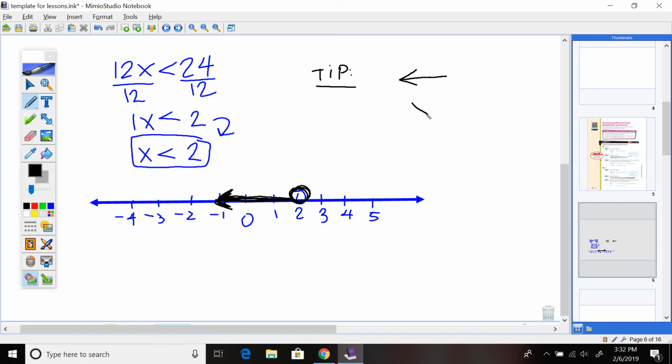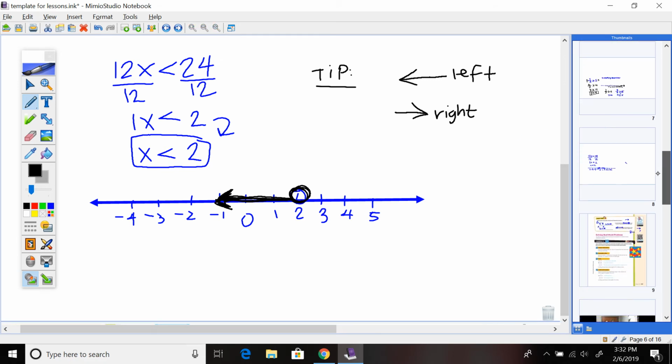If it's greater than, draw a line in the middle. Now it looks like an arrow pointing towards the right. So don't ever get confused, and if you do, just draw a line in between to make sure you got it right. Okay, we're gonna do one more example and we're done.